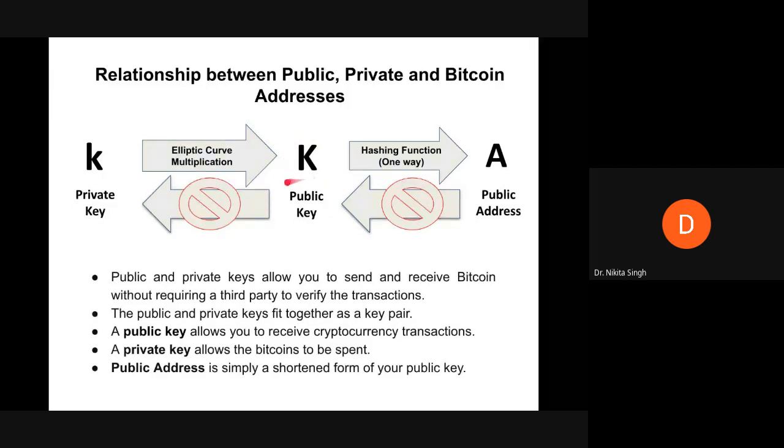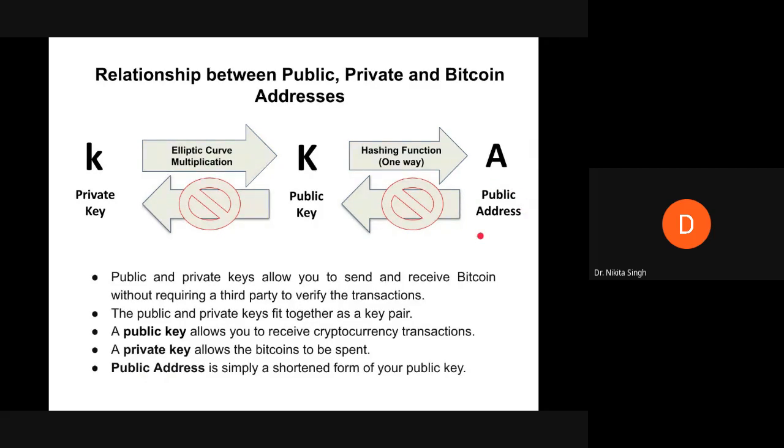Even though your public key is out in the open, nobody can use it to get your private key, because reverse engineering, as previously mentioned, is almost impossible. Then you hash your public key through the SHA-256 algorithm and you get your public address.